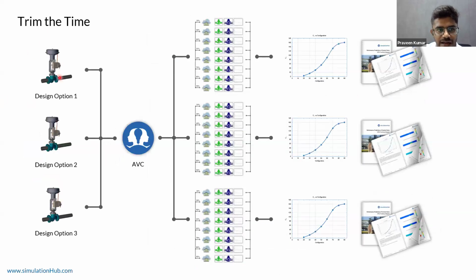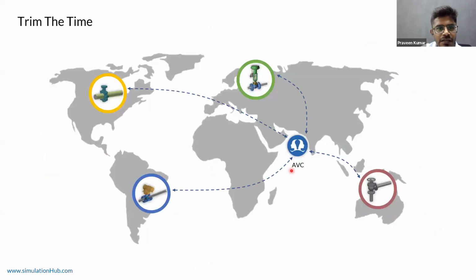And it's not just that. If you have multiple trim design options to mitigate cavitation, you can upload all of them in parallel and get the reports and insights in the same time span. It typically takes 1 to 2 hours, depending on the complexity and size of the valve.